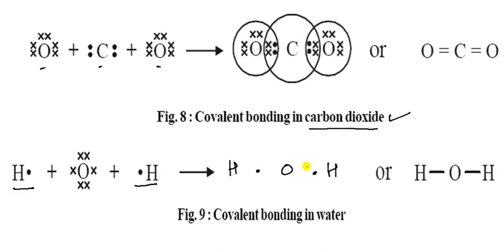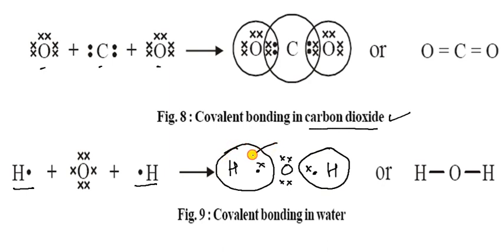Now come to the water. Hydrogen has only one electron, and this hydrogen has only one electron, and this oxygen has six electrons. So how can they share? You can see here hydrogen and oxygen, and one hydrogen is here.